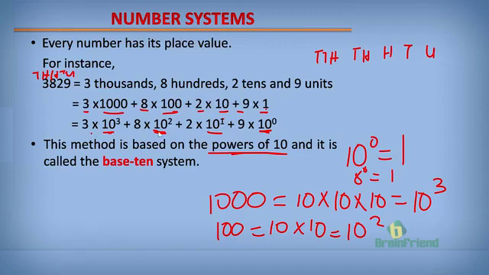So again, we said the traditional counting numbers are 0, 1, 2, 3, and so on up till 9. And when we get to the next number, that is 10, we don't have a single number that represents 10, unlike in the Roman numerals where X represents 10. In the Arabic numerals which we use, there's no single number that represents 10.